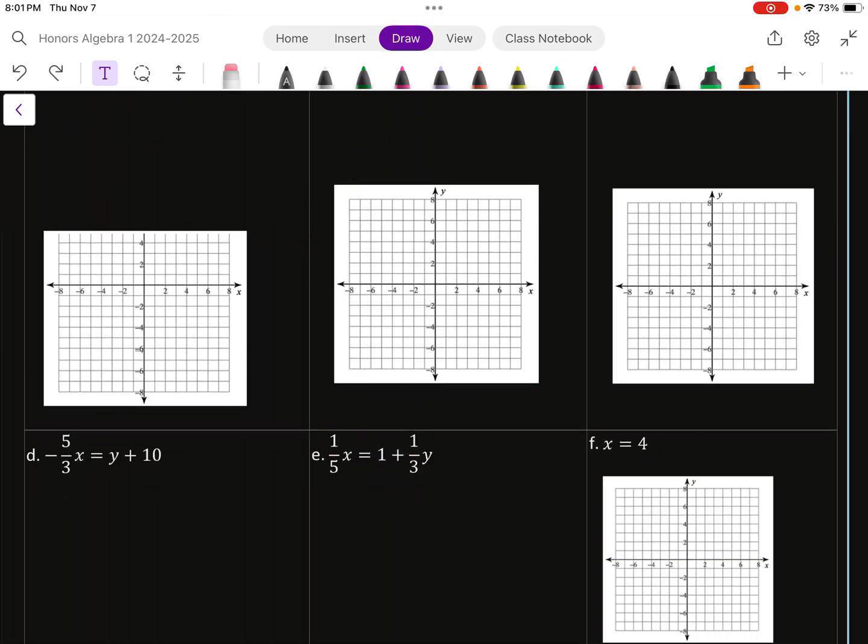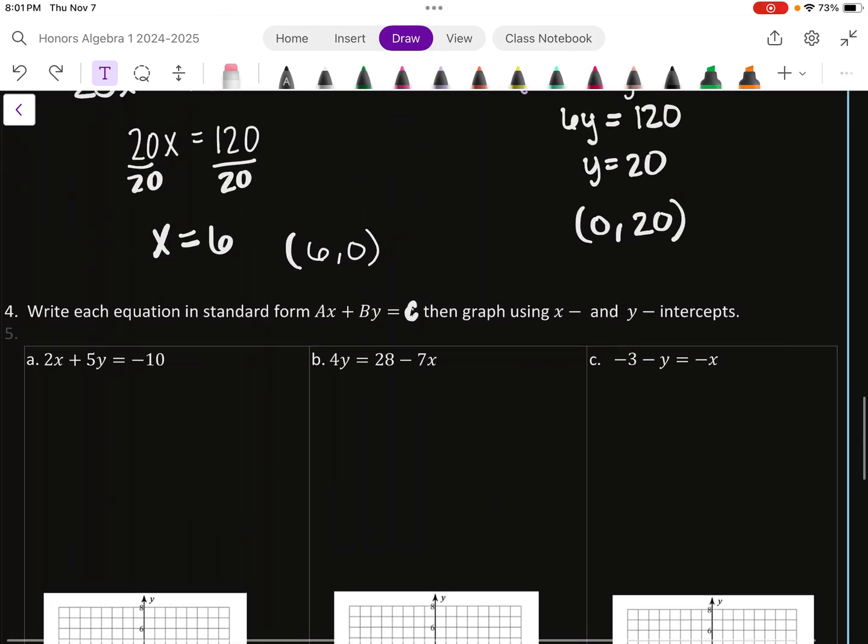We know that A needs to be positive, and no fractions. And it needs to have x and y on one side, constant term on the other side. Variable terms on the left, constants on the right.